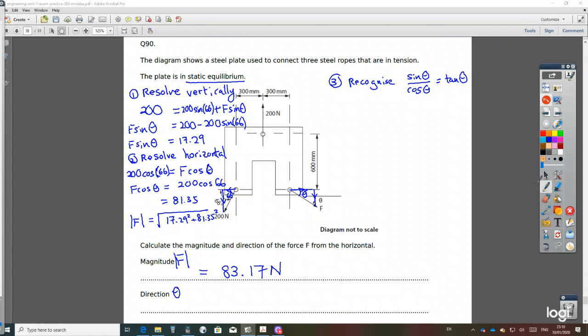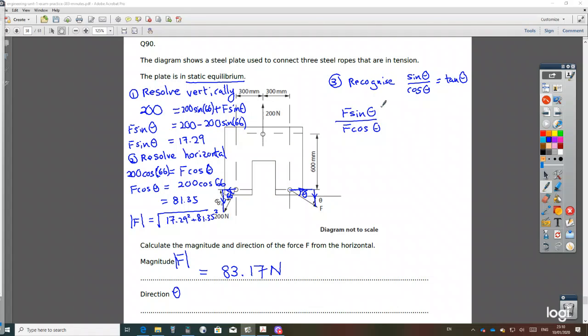So what I could do is divide F sine theta by F cos theta. So I can write F sine theta over F cos theta. What you do to this, you must also do the same to this side.